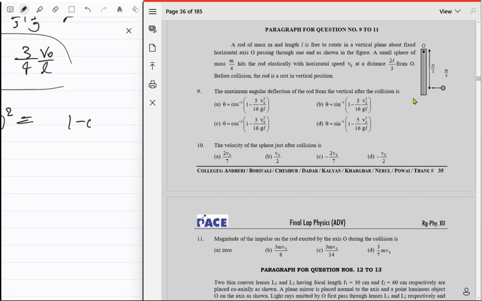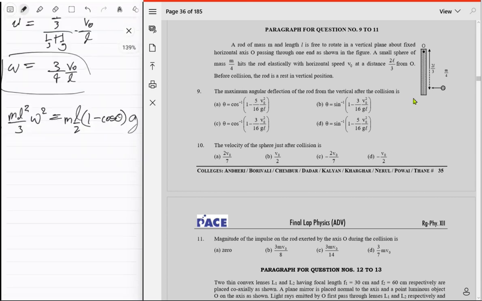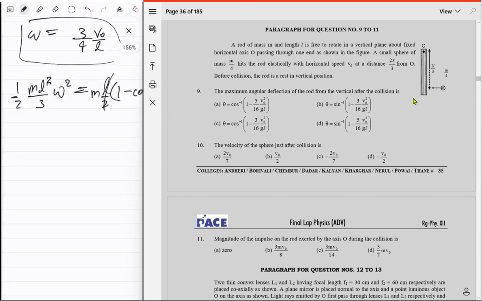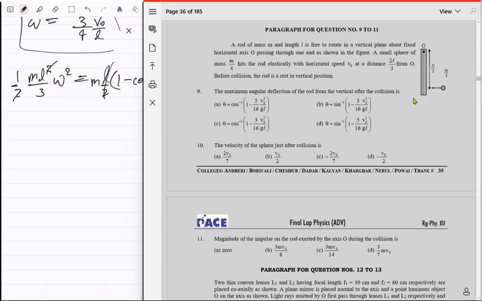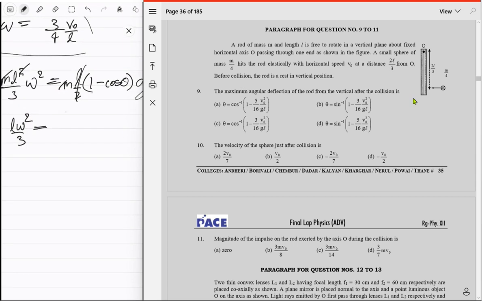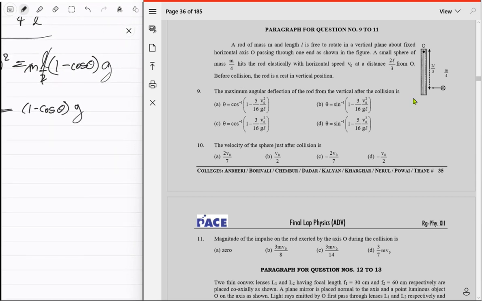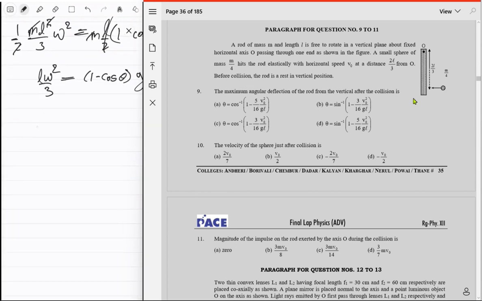Okay, 1 minus cosine theta will be the thing, and then we have L upon 2 times M and G, of course. Yeah, that makes sense. So L upon 2, M cancels, and this disappears. Good. L omega squared upon 3 is equal to 1 minus cosine theta times G. Well, that's it, right? So 1 minus cosine theta is equal to omega squared L upon 3G.